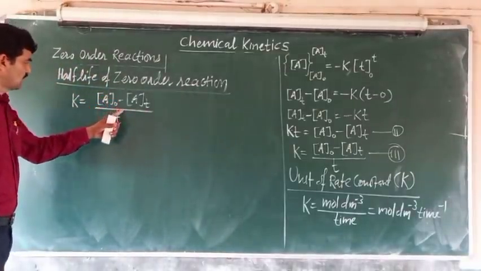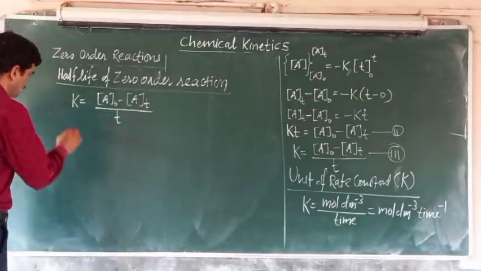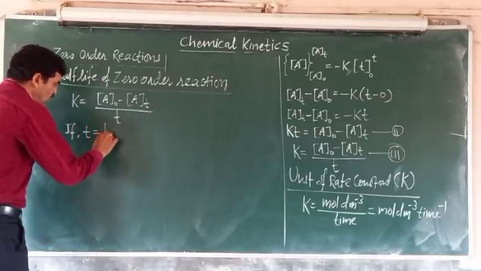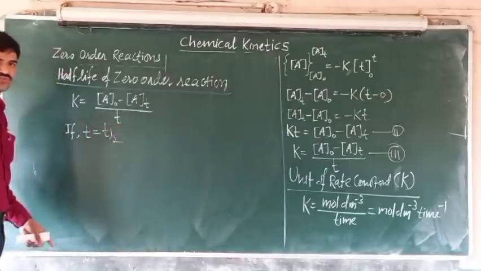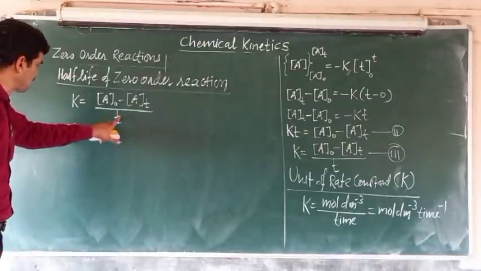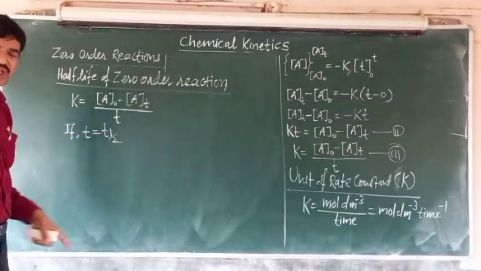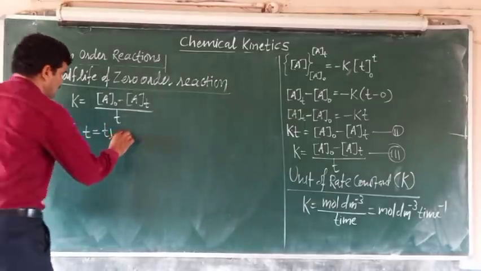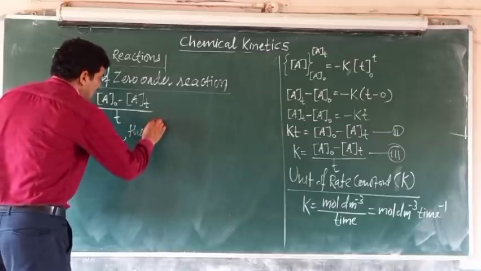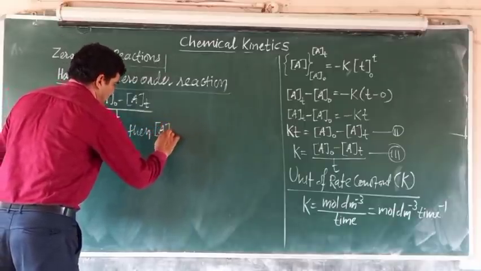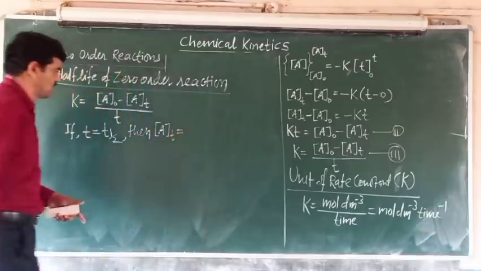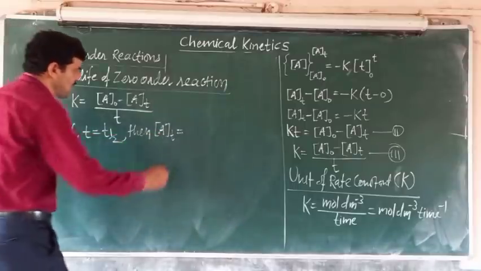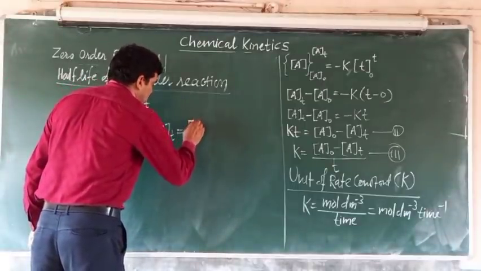According to the definition of half-life, if t, that is the time, becomes equal to the half-life, t1 by 2, that is when the half-life is completed, then the concentration of the reactant remaining, At, will become exactly half of the initial concentration.